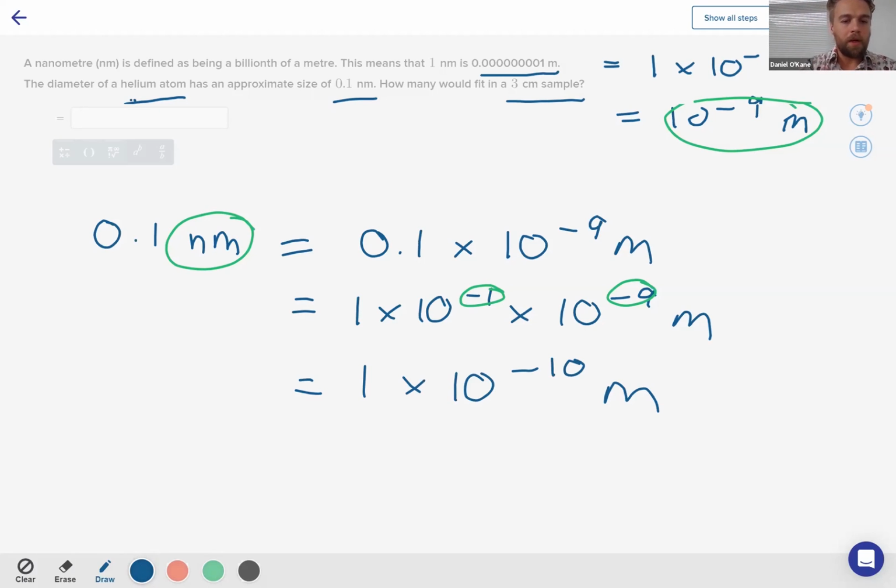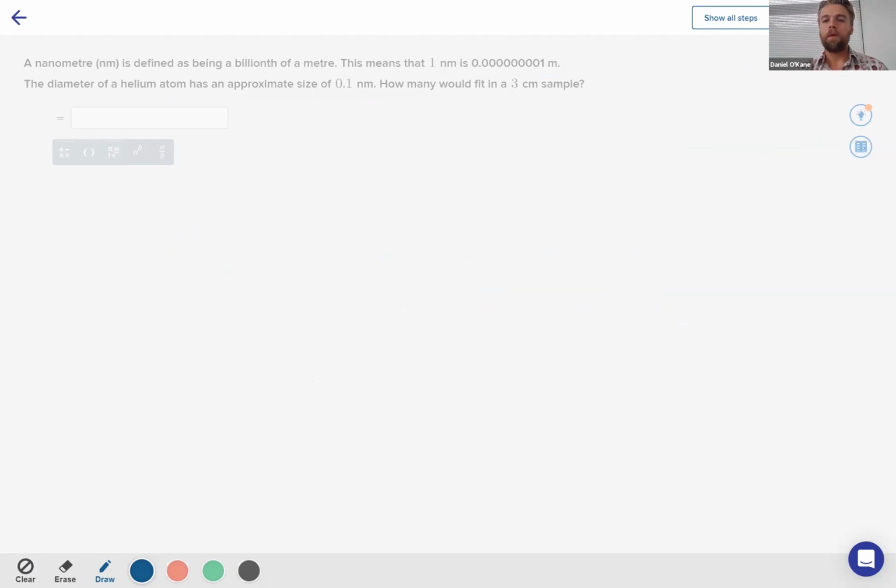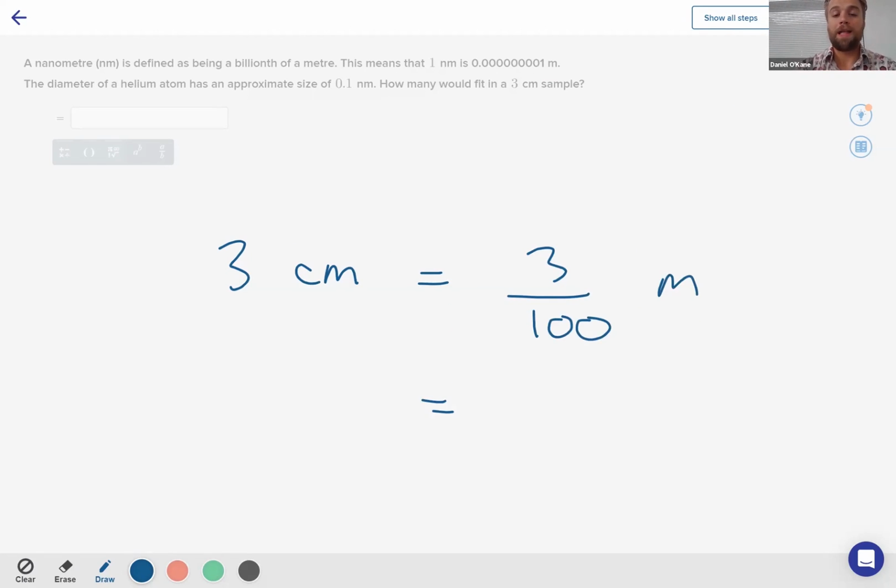How many helium atoms could sit next to each other? Well, how we can work this out is we can take the 3 centimeters, which, remember, is 3/100ths of a meter. So you can write that in scientific notation as 3 times 10 to the power of -2 meters.